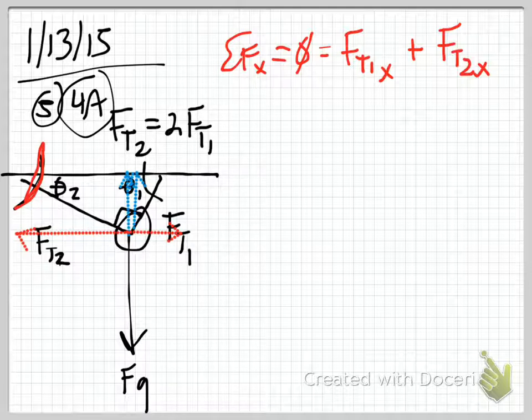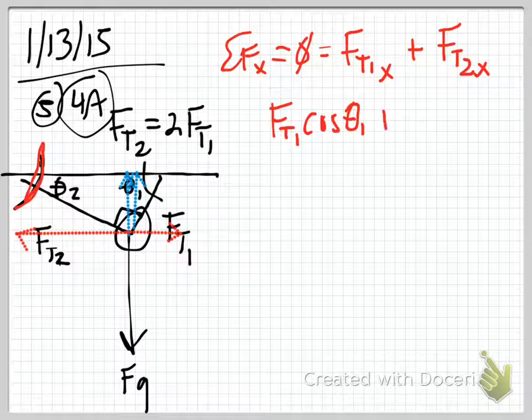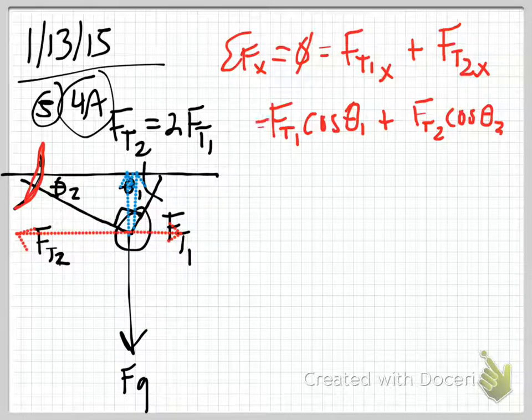Cosine. Okay, so that is force of tension 1 times the cosine of theta 1 plus force of tension 2 times the cosine of theta 2. And that's equal to 0. Okay, so we have this relationship.